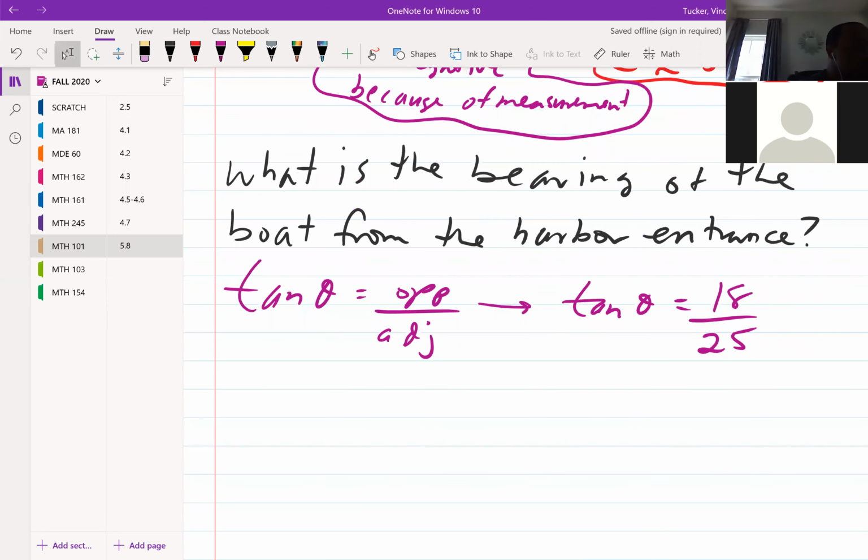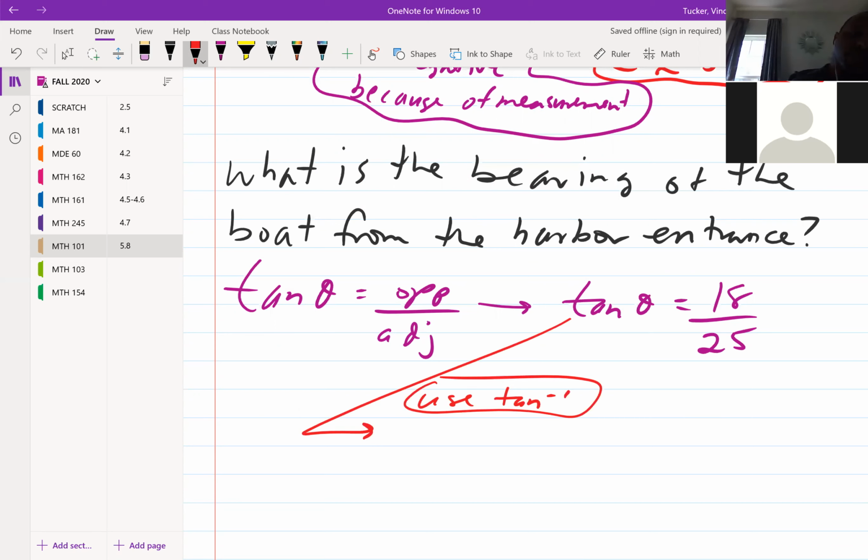All right, so tan theta is equal to 18 over 25. So we can use tan inverse to get theta alone.